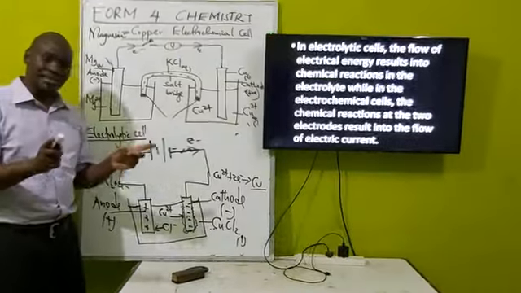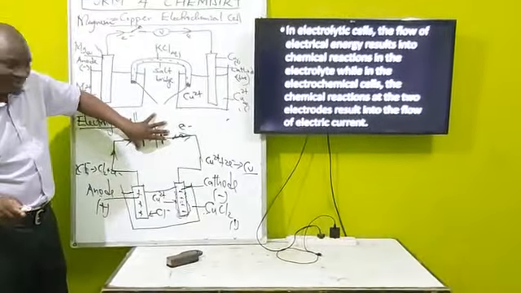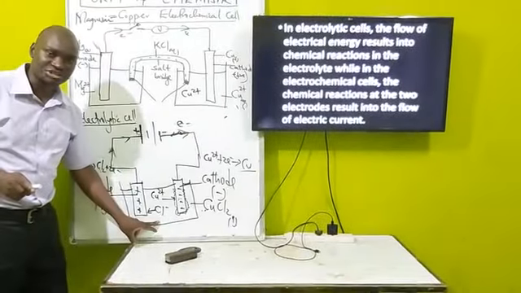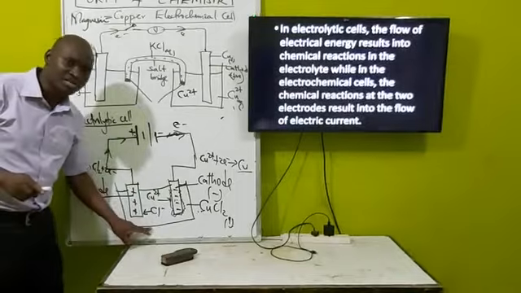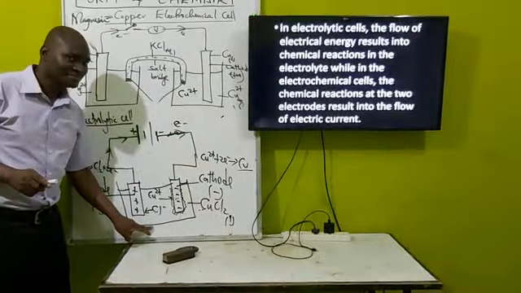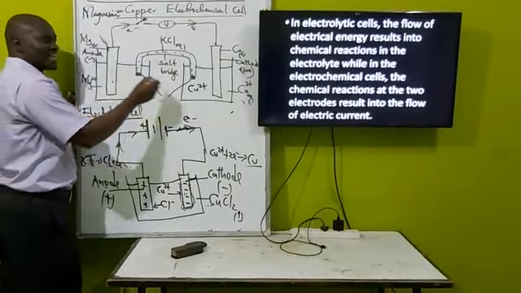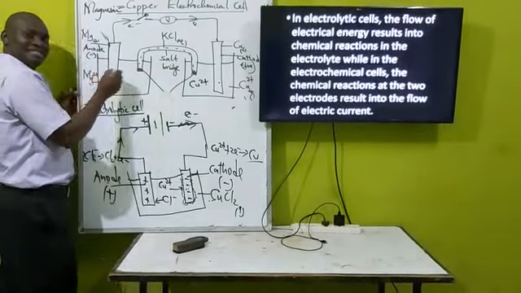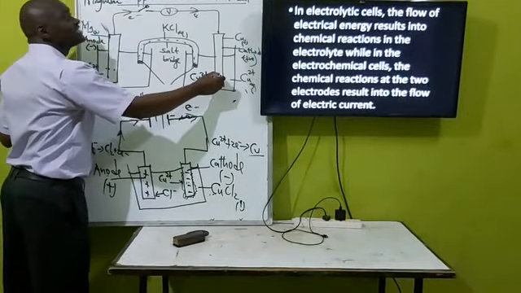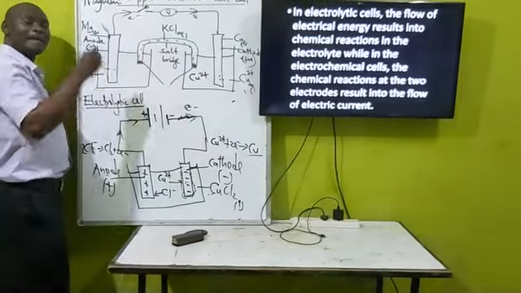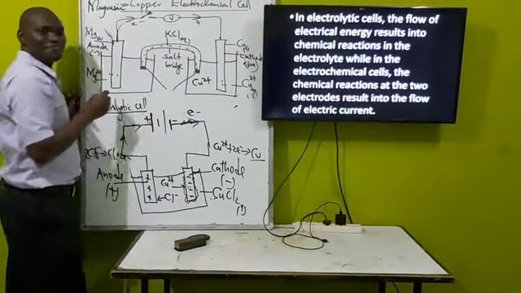Now, in summary, here it is the electric current that brings about chemical reactions. But what about here? Here it is the reactions at the electrodes that will bring about the flow of electric current.